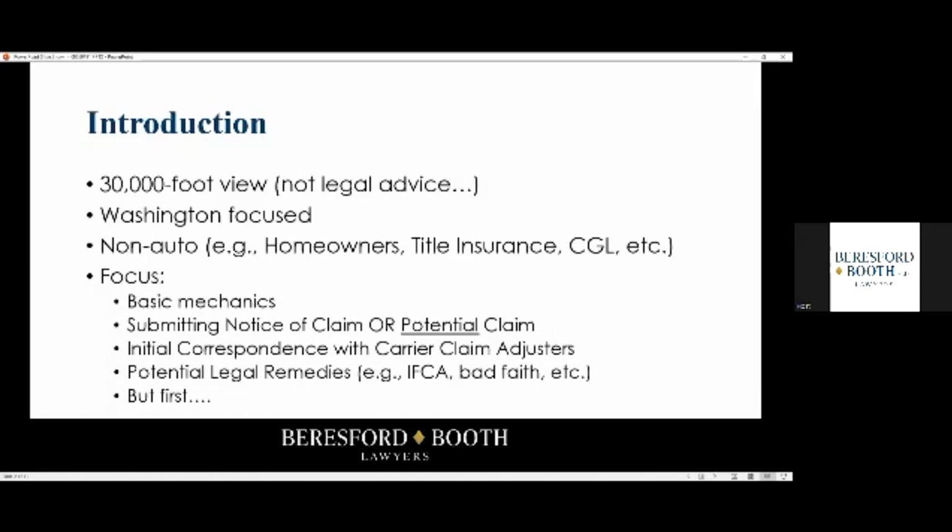And then we're going to talk about what the potential legal remedies could be if you feel like your insurance carrier is jerking your chain or has denied coverage and you feel like that's improper, or if they're just kind of kicking the can down the road and not stepping up to the plate. We'll talk about some of the legal remedies that could be available to you.